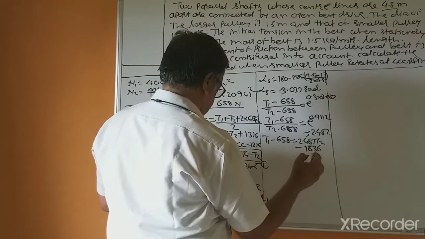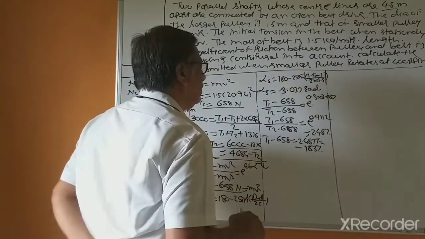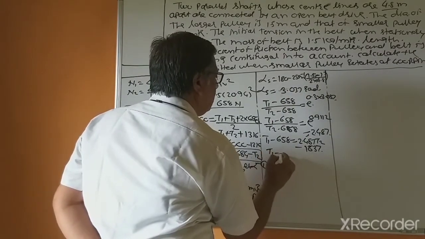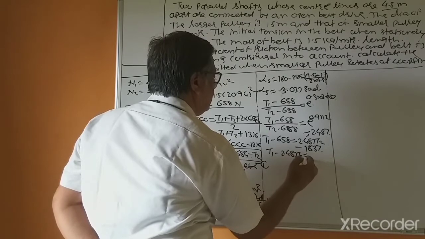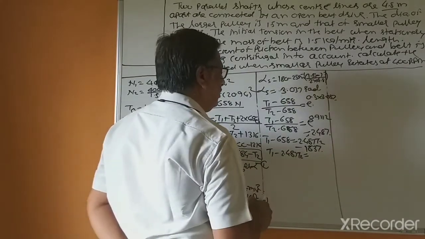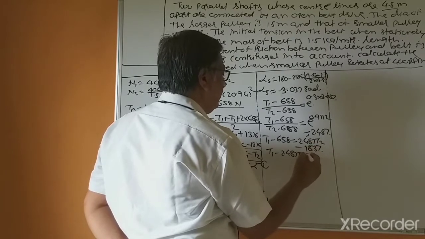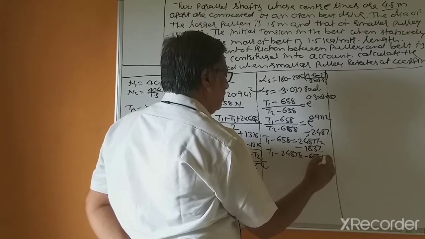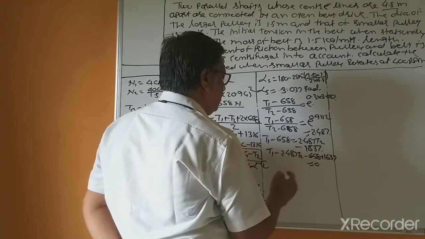Now take this term, T1 minus 2.487 T2 equal to, or by taking these terms, 1637 equal to 0.